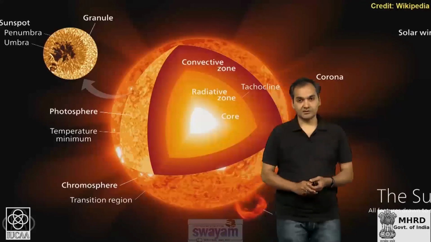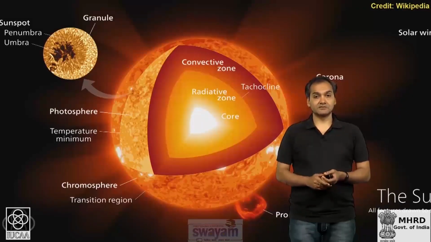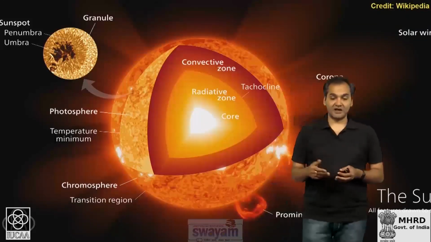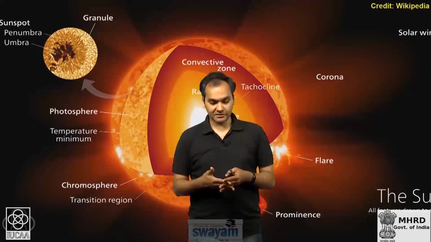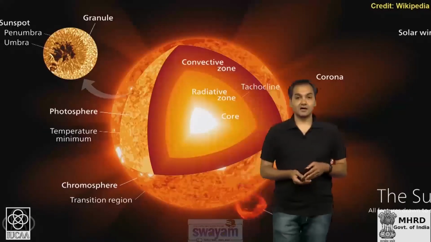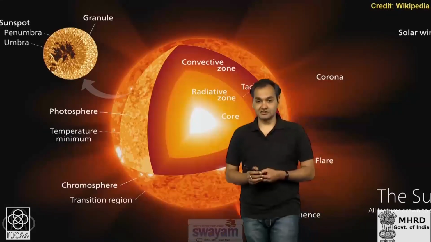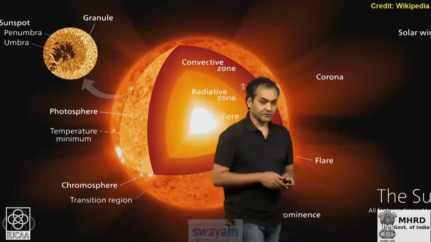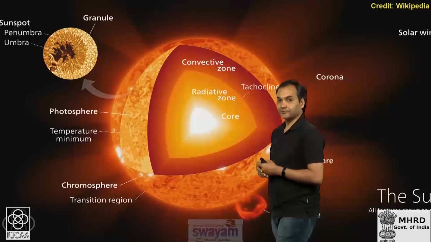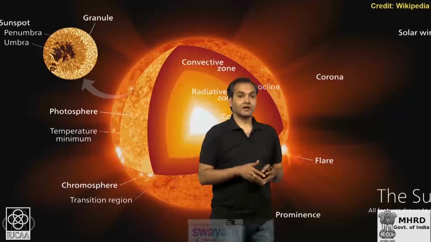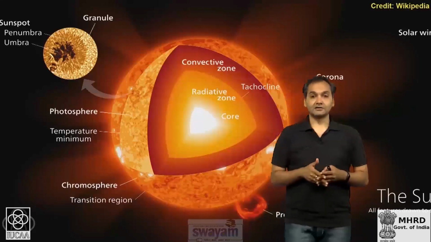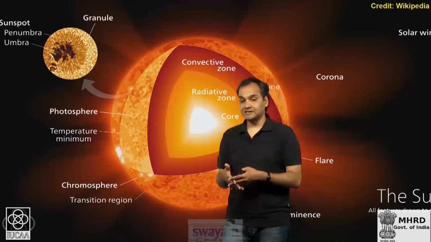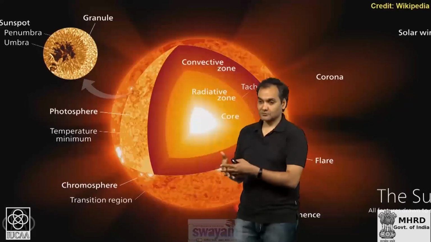In tomorrow's lecture we will talk about the sun's activity cycle, generation of magnetic field, and the role of the magnetic field in explaining the high temperatures observed in the upper layers of the atmosphere, which is much hotter than the lower layers.